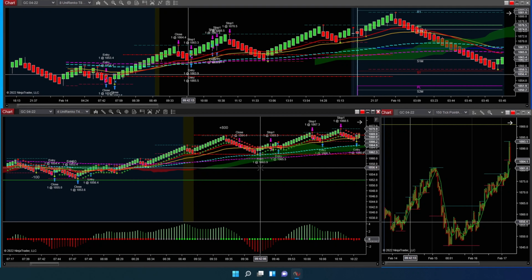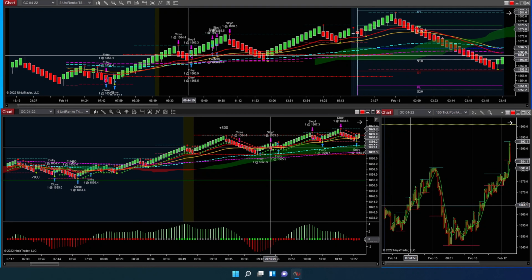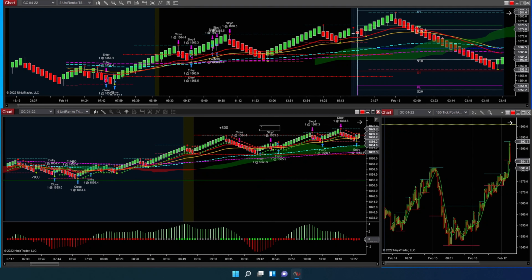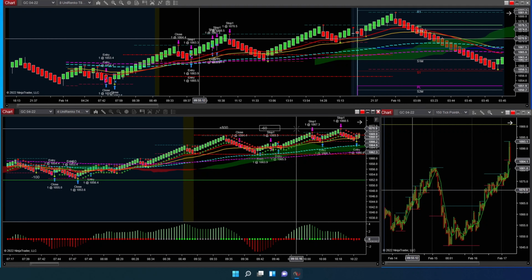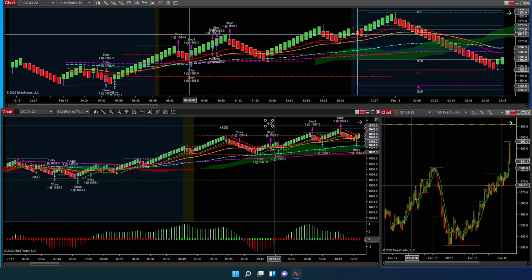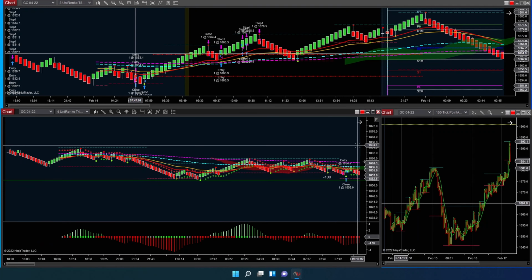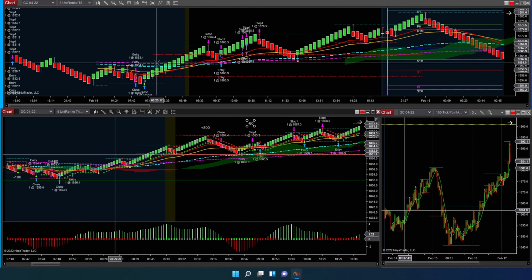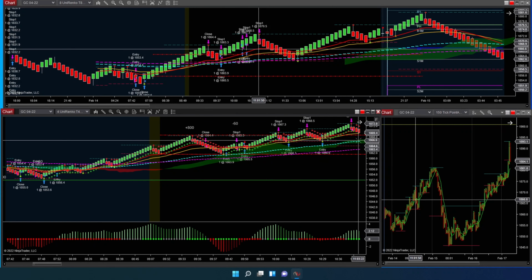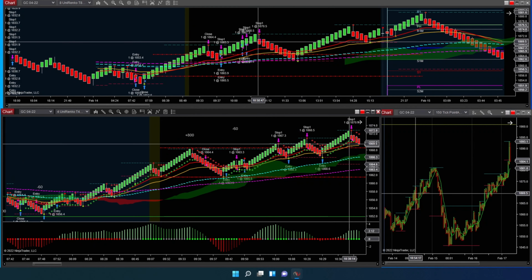I took another entry right here, which was stopped, and this one was a loss of $60. If you see, I'm using the higher time frame right here to look at the direction, and to be in the same direction as my entry chart.